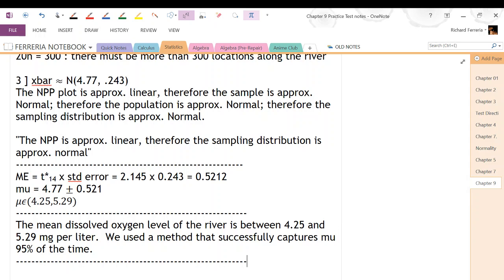I also want to remind you, since this is supposed to be part of the multiple choice test right here, there is so much here that you don't actually have to do in the scope of a multiple choice test, okay? If you're doing a multiple choice test, you need exactly 3 numbers to get this done, or maybe 4 numbers. You'll need to know X bar, you'll need to know S, you'll need to know T star, and you'll need to know N. That's it.